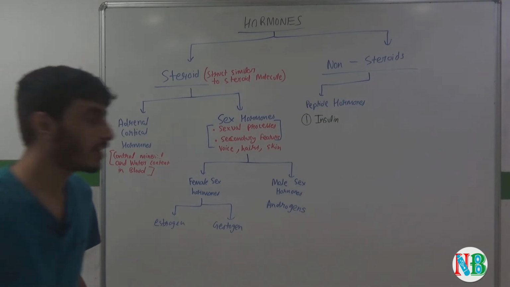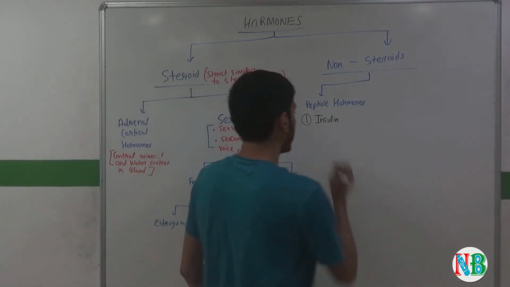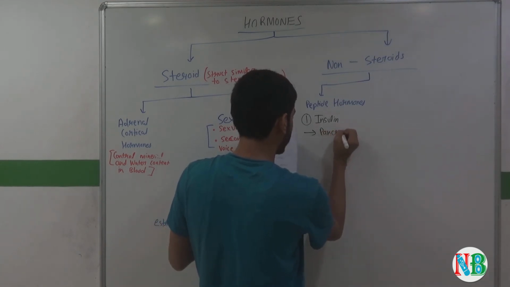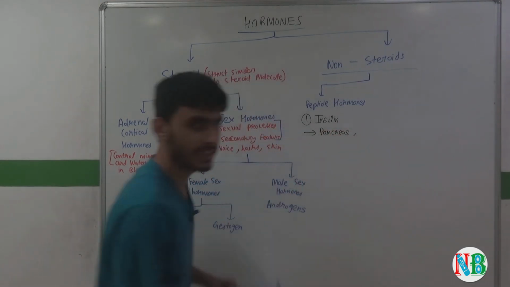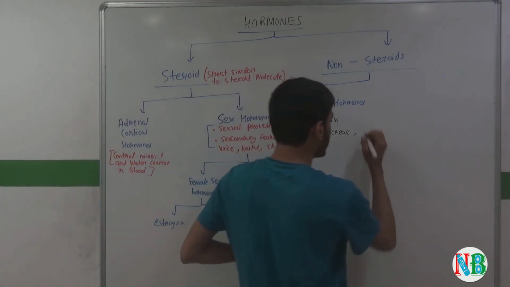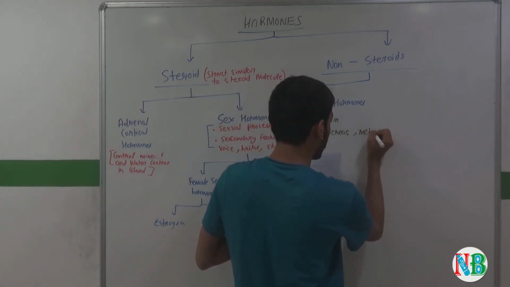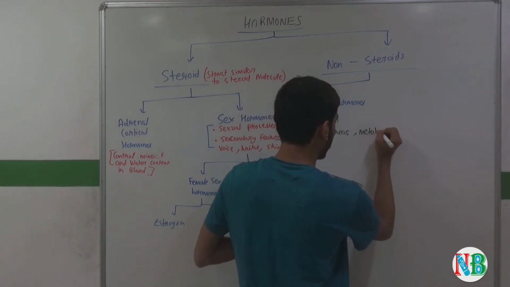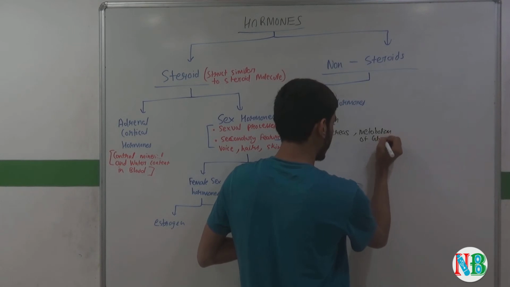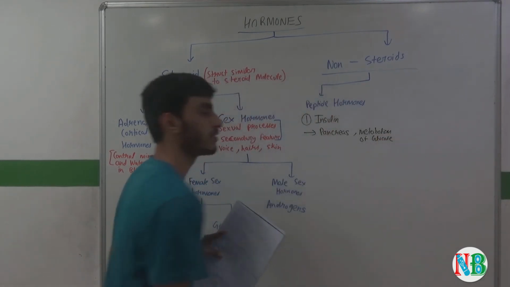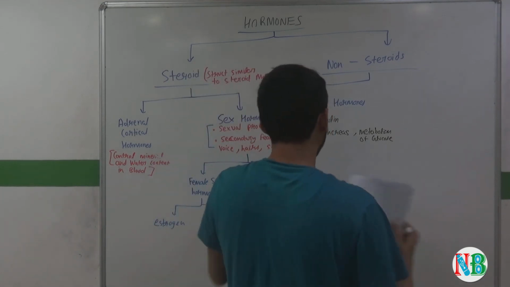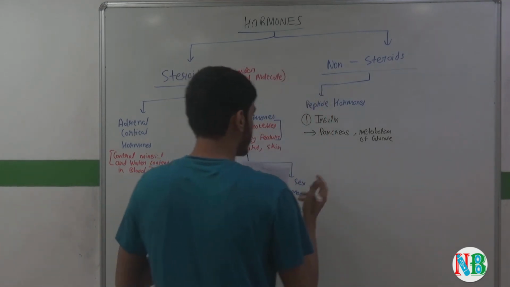Insulin is formed in our pancreas and is used for the metabolism of glucose, to react with glucose.